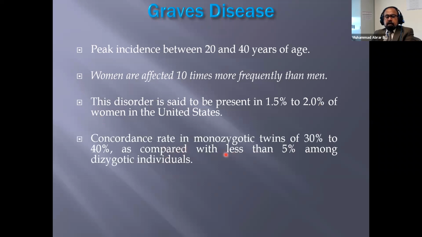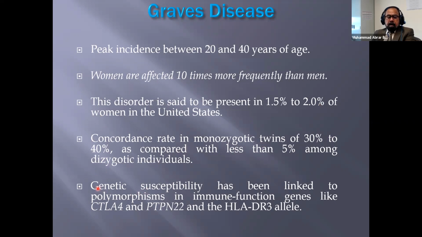The concordance rate in monozygotic twins is 30% to 40%, as compared to less than 5% among dizygotic twins. Again, susceptibility has been linked to polymorphism of immune function genes like CTLA4 and PTPN22, as we have seen in Hashimoto's. So Hashimoto's and Graves disease are basically autoimmune diseases. Hashimoto's causes hypothyroidism. Graves disease causes hyperthyroidism.